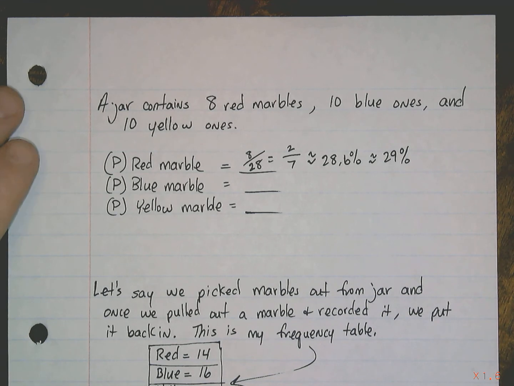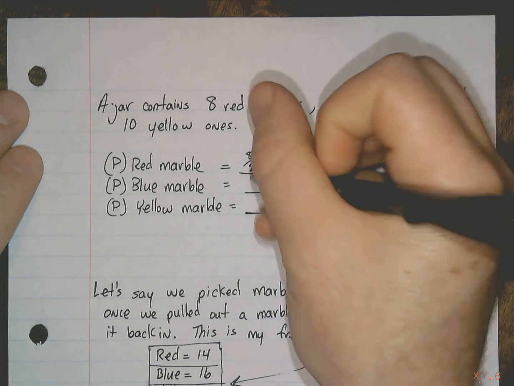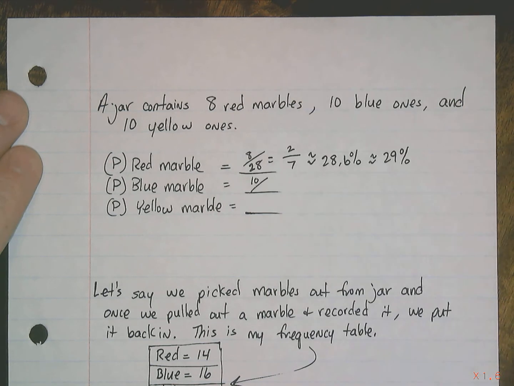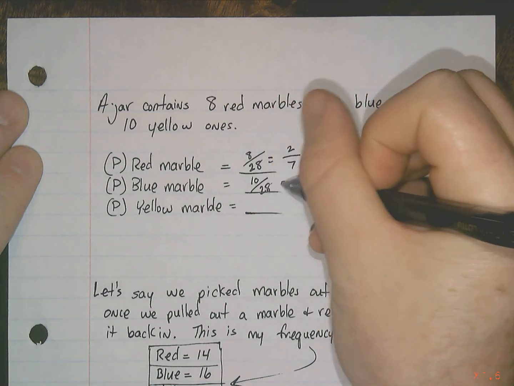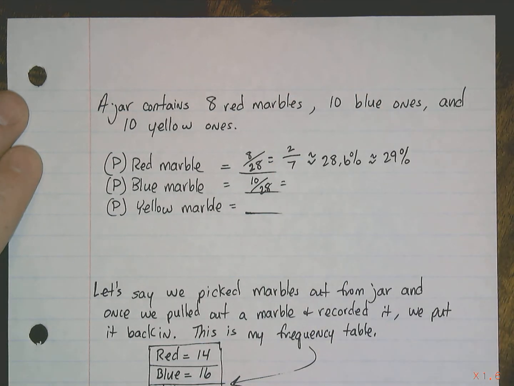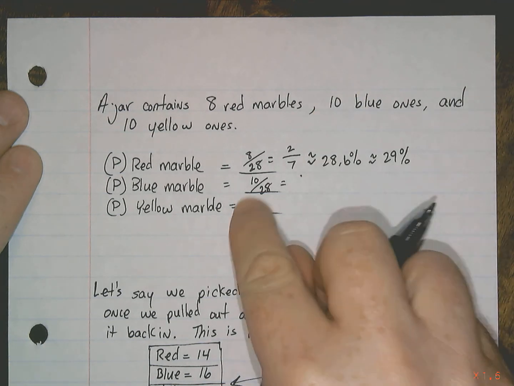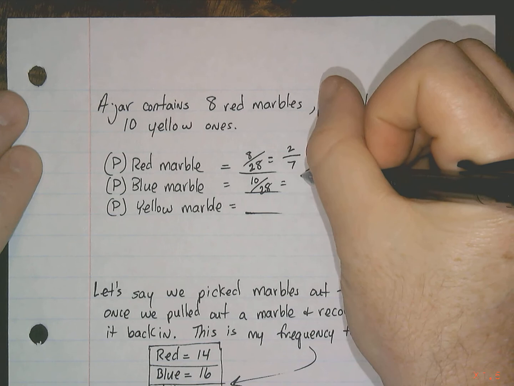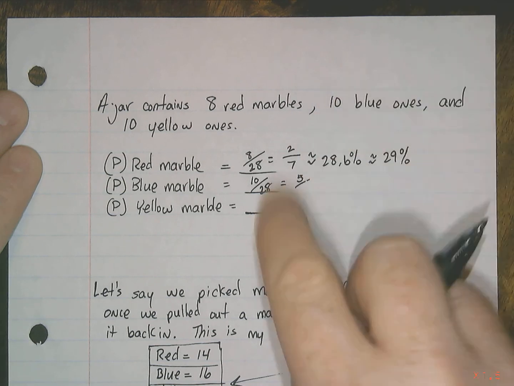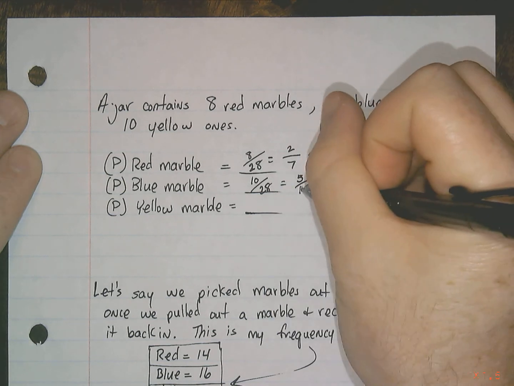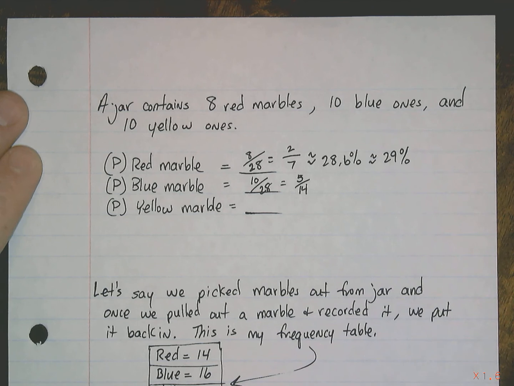Blue marble. You've got 10 blue marbles. So 10 out of the same number, 28. Put that in lowest terms. Divide that by 2, you get 5. Divide this by 2, you get 14. So I can't reduce that any further. So it's 5 out of 14.